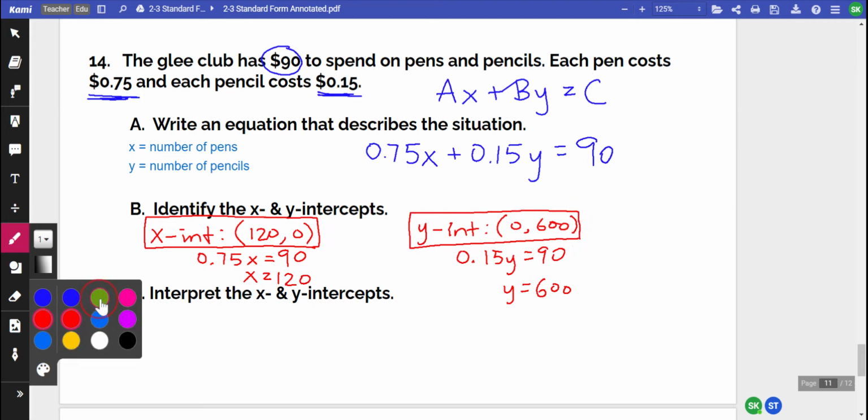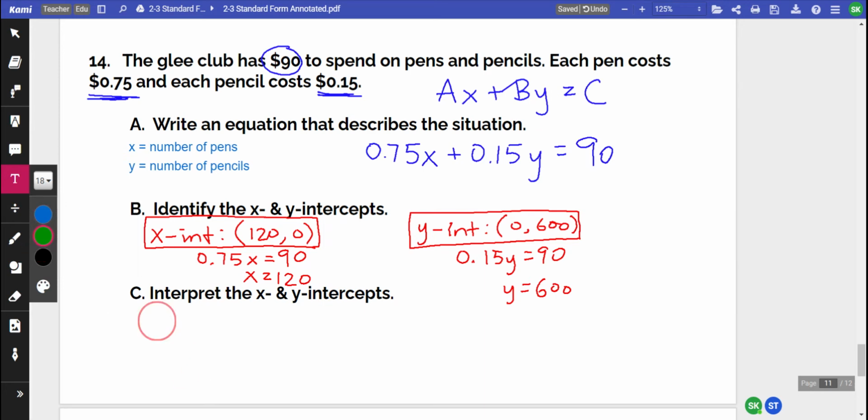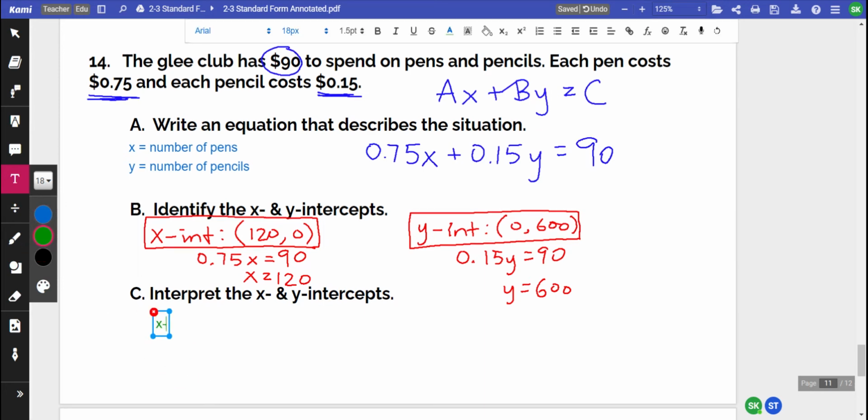All right, now the last one, part c. Interpret the x and y intercepts. You basically have to tell us, when you interpret, what the x and y intercepts mean in the context of our situation. So let's think about the x-intercept. Since we have the ordered pair 120, 0, and x represents the number of pens and y represents the number of pencils, that means with $90, I can get 120 pens if I buy no pencils.